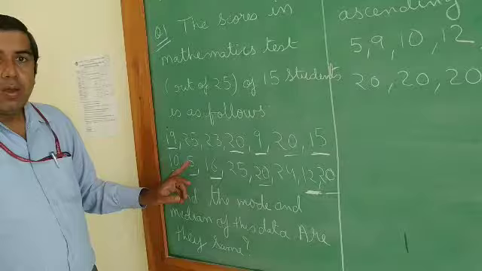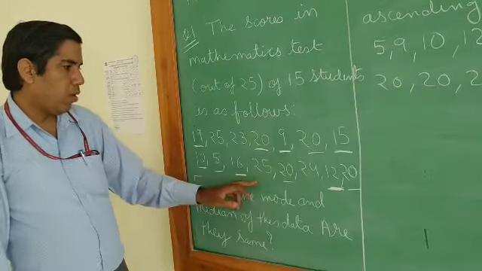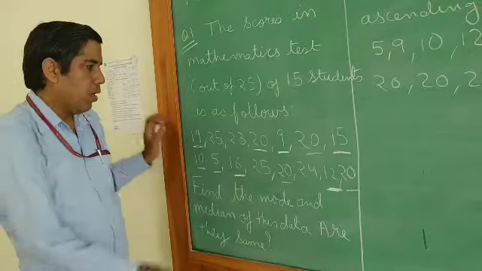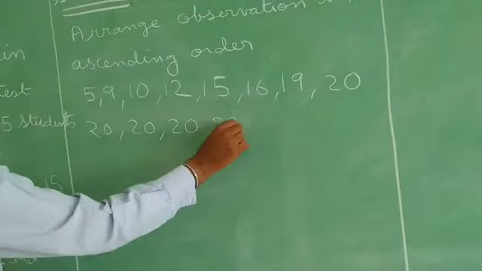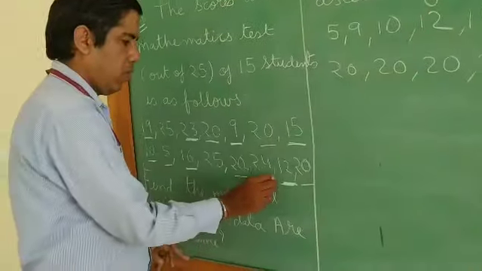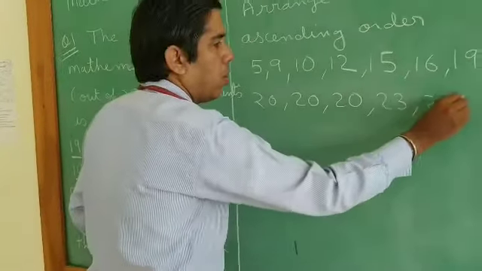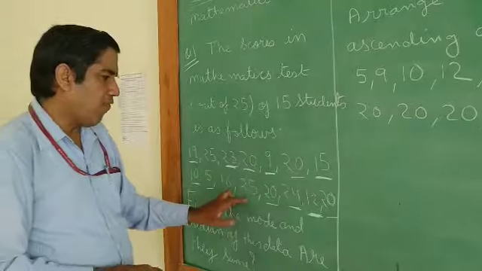No. 22 is there? No. 23, yes. 24 is there? Yes. Now 25 is there. Yes, 2 25s are there.